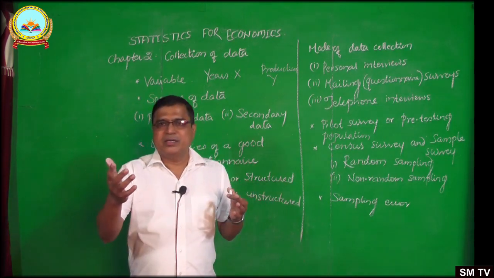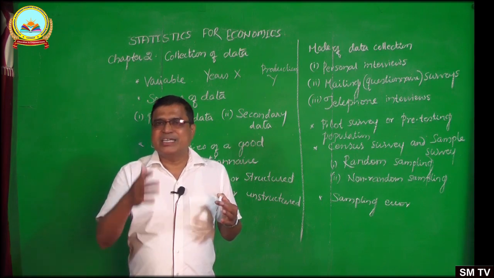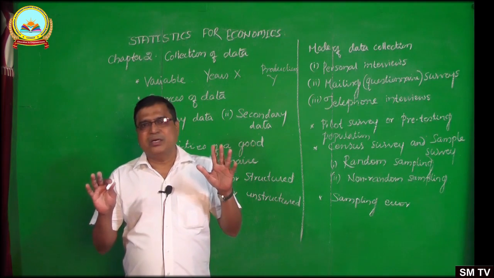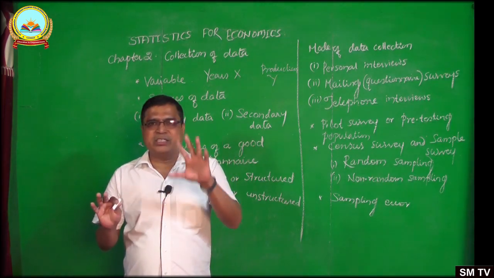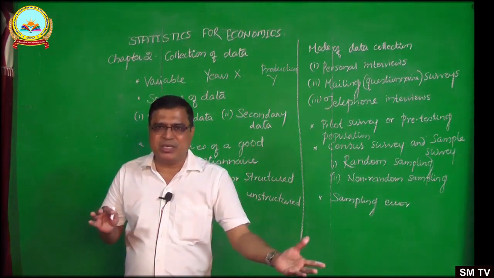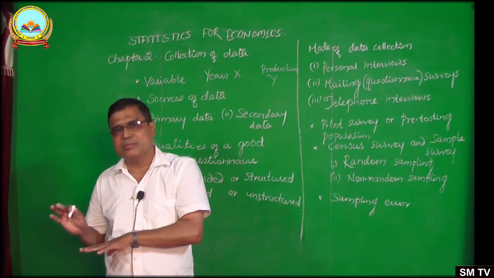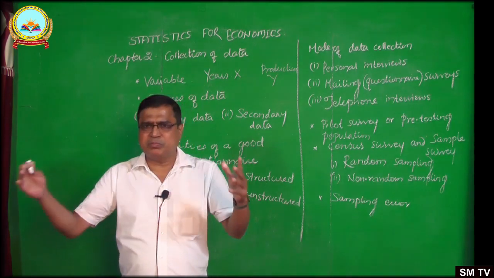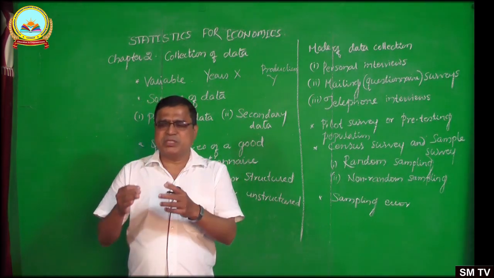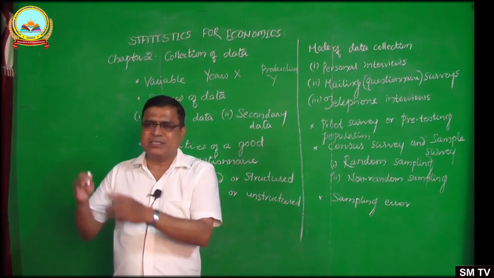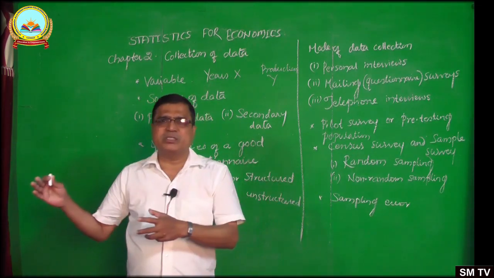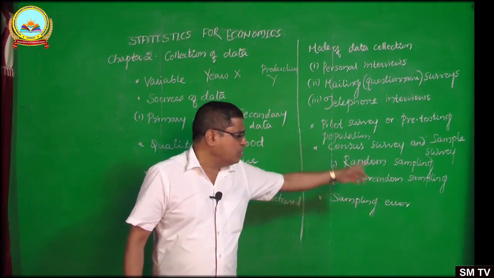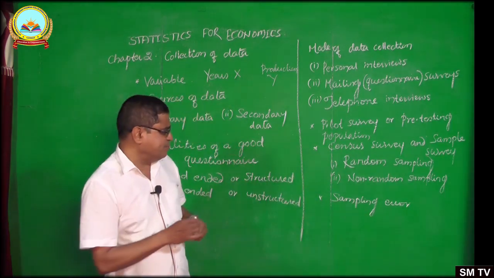Actually there are systematic sampling and stratified sampling. There are different things, but we should know that a sample which is not taken randomly is called non-random sampling. There may be some specifications, some purpose, some objective to select particular units in the population. That is called non-random sampling.